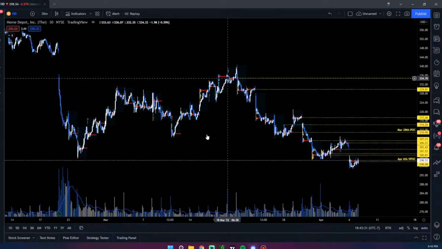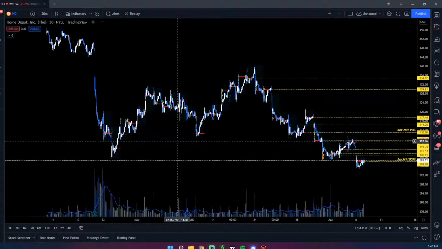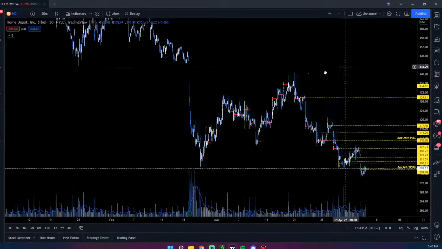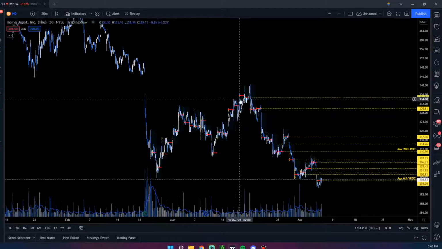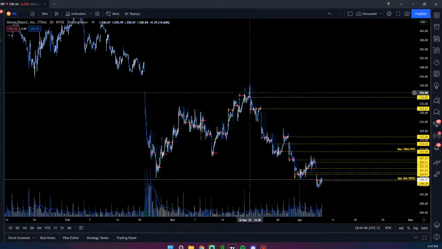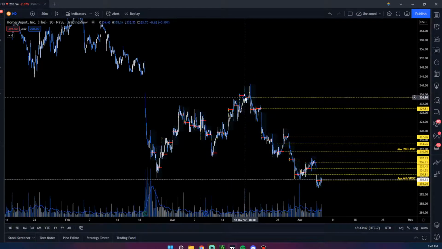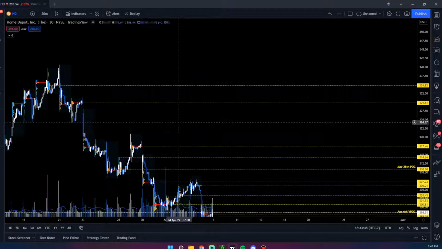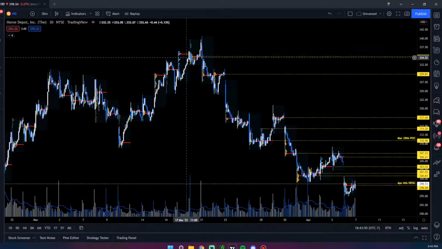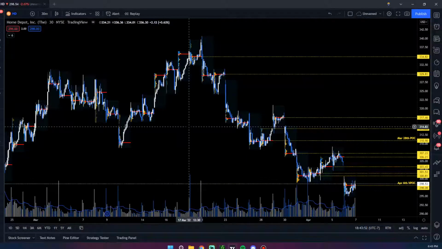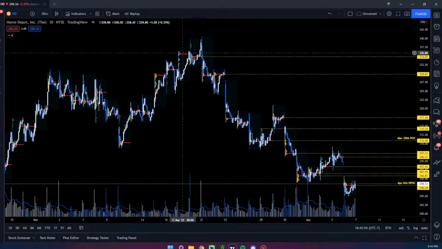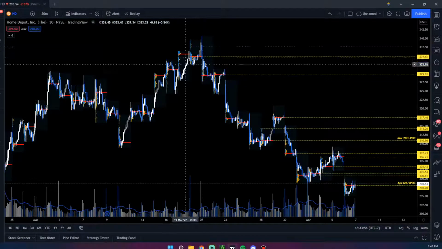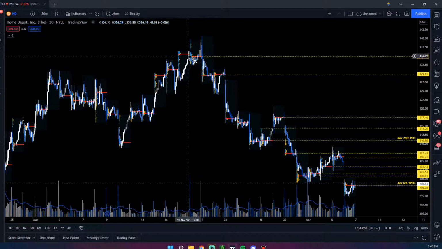But so with POCs and virgin POCs, you want to think of the psychology of traders. And so up here, if you put yourself in the shoes of a buyer up here, let me get zoomed in a little bit more so people can see. If you bought here, think of yourself as a retail investor.